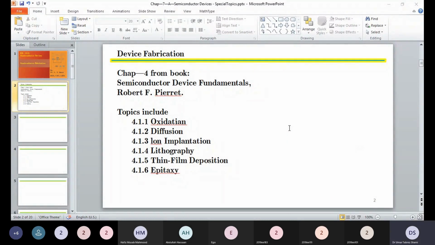In either case, the oxidizing species diffuses through the existing oxide and reacts at the silicon and silicon oxide interface to form more silicon oxide. The relevant overall reactions are Si plus O2 produces SiO2, and Si with water produces SiO2 and hydrogen.